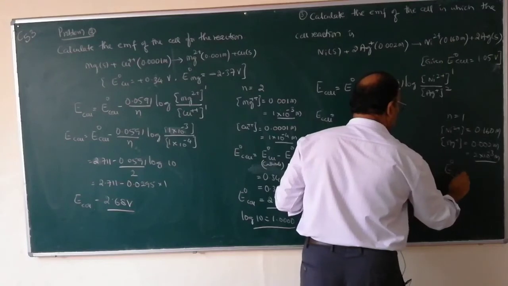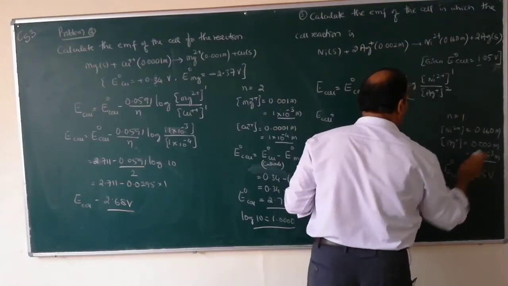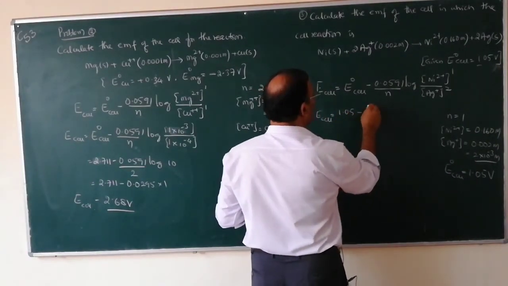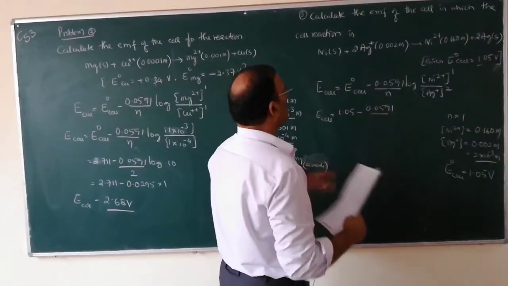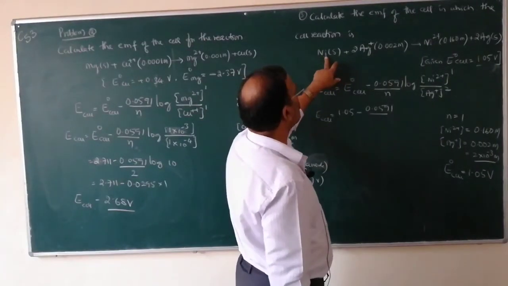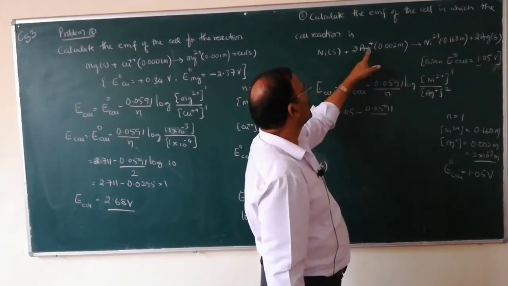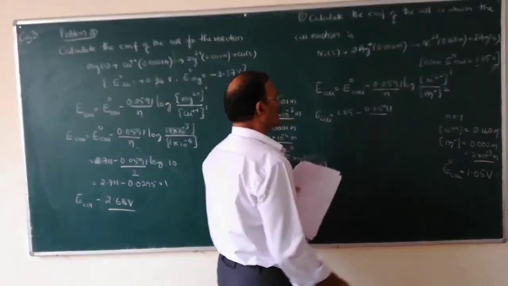So E cell is 1.05 minus 0.0591 divided by N, the number of electrons. Here nickel loses 2 electrons, and silver gains 2 electrons: each atom gains 1 electron, so 2 ions gain 2 electrons.